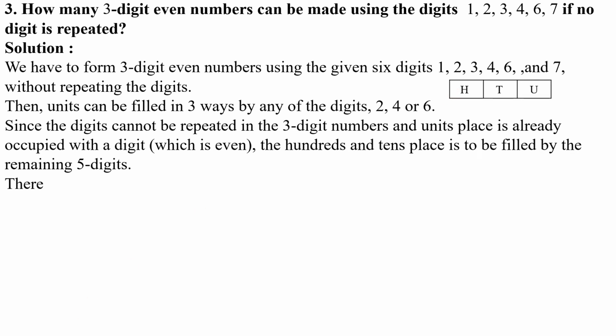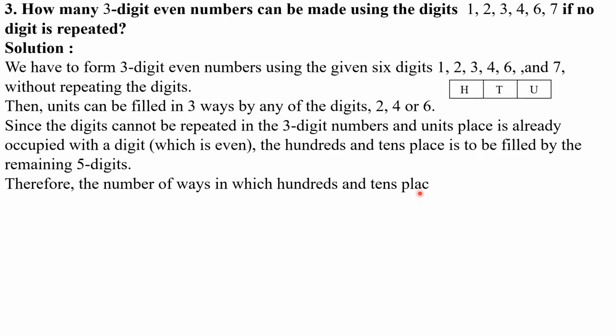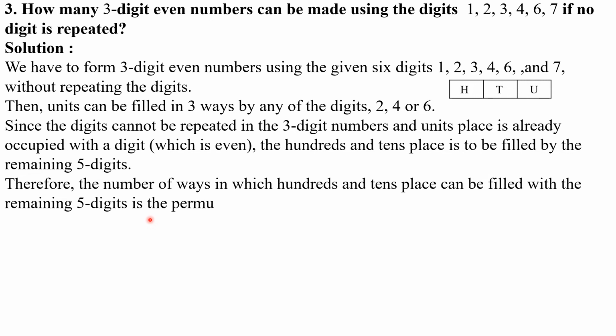Therefore the number of ways in which the hundreds and tens places can be filled with the remaining 5 digits is the number of permutations of 5 different digits taken 2 at a time.